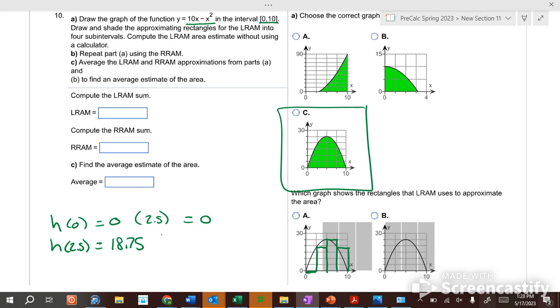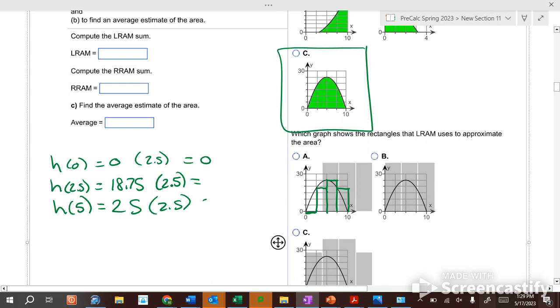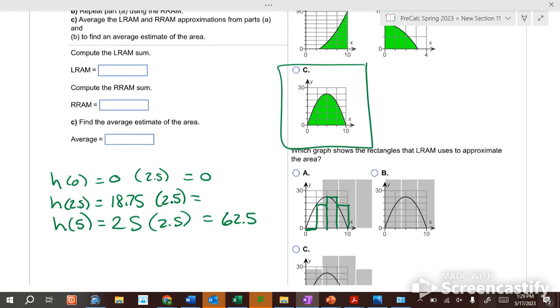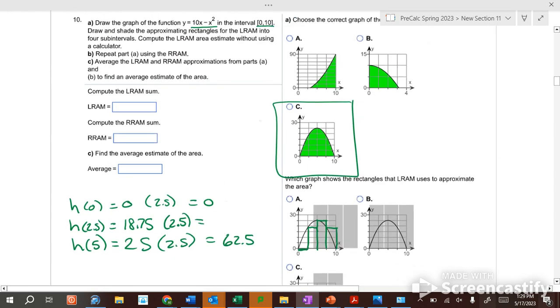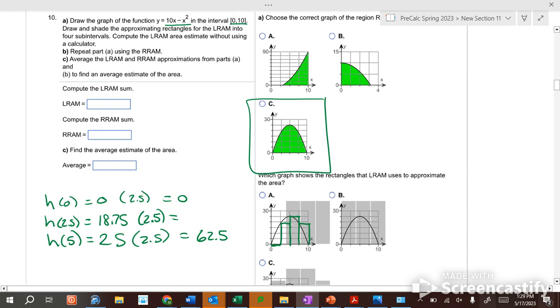Anybody checking my math? All right. Nobody can check my math, whatever. Then you stick in a 5. 5 in here gives me 50 minus 25, which is 25, times the width of 2.5, which gives me 62.5. Was I right on this one, Dylan? I messed up my equation. So it's 10 times 2.5 minus 2.5 squared. Yeah.